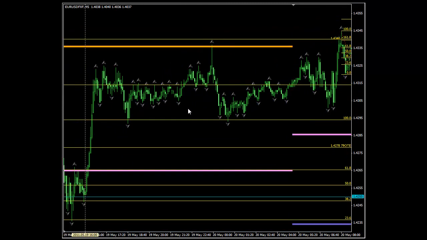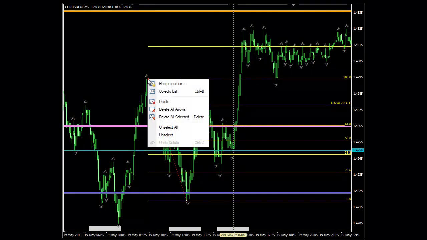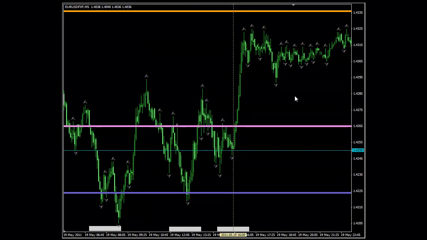Now, in the webinar, I was actually referring to this price level in here, as it was forming, and I suggested that we may see a short setting up for the London session. So let's go back and take this fib off so we can cover that.